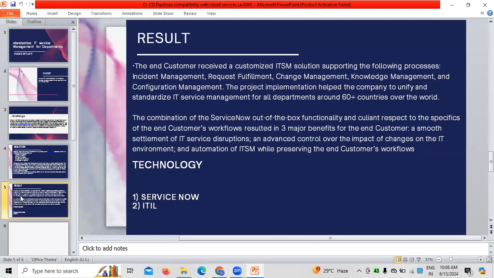This will help the company unify and standardize IT services for all the departments, spread across different countries across the world.